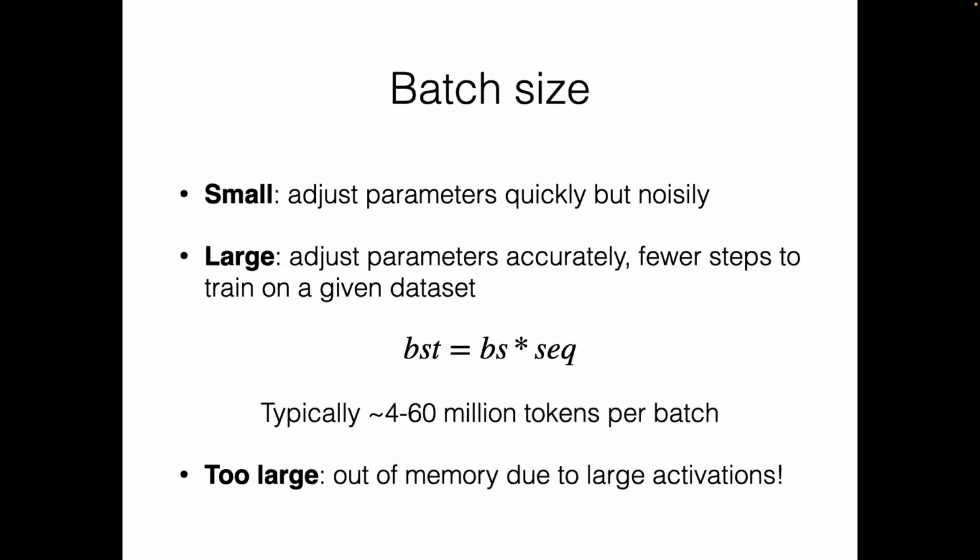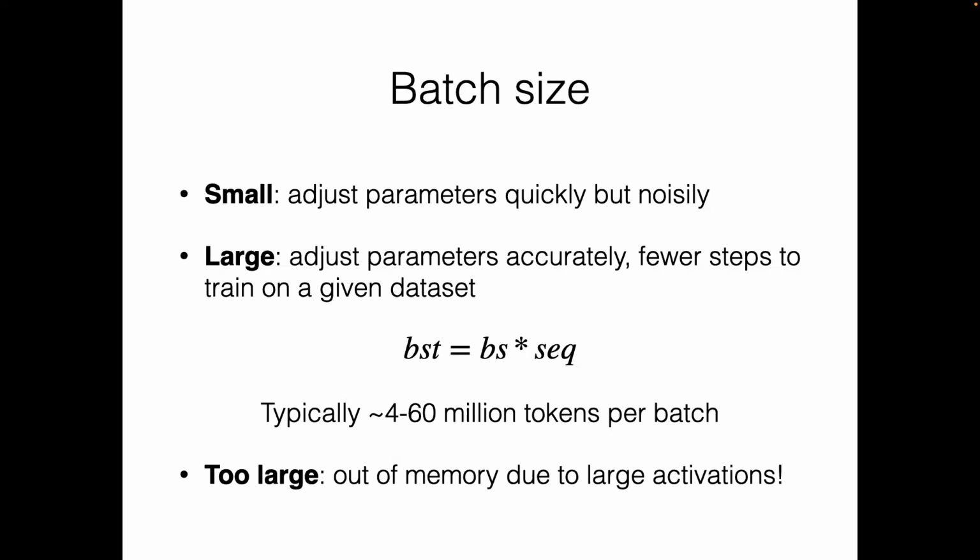And if you think of this in terms of processing tokens, it leads to fewer steps on a given data set. Let's say that performing the optimization step is pretty expensive.